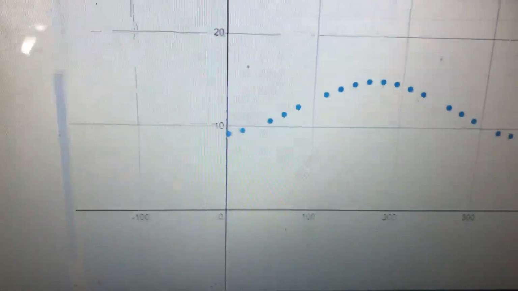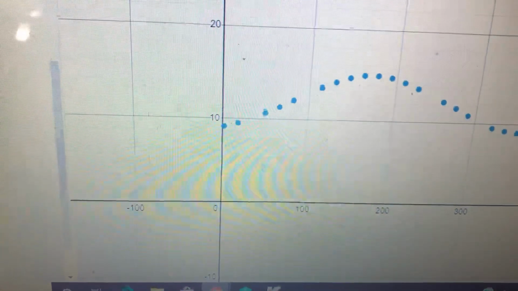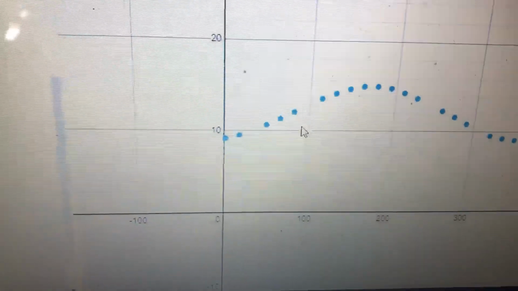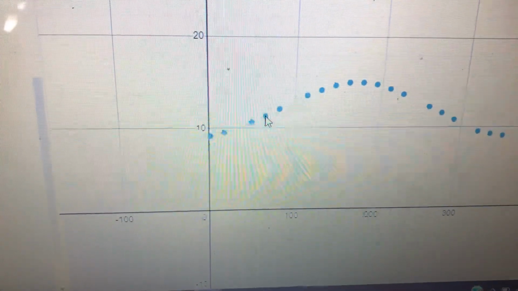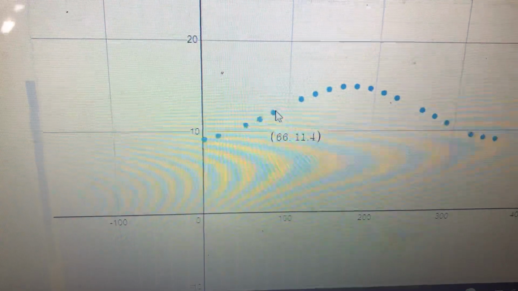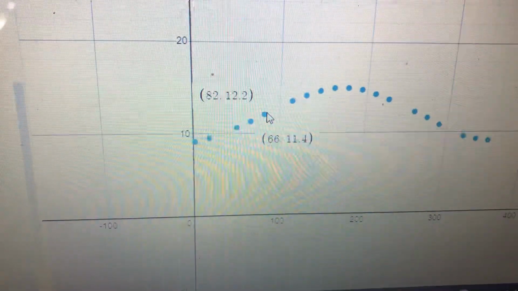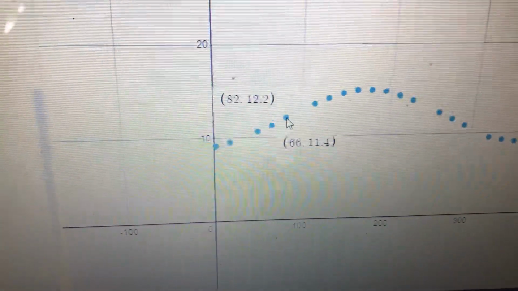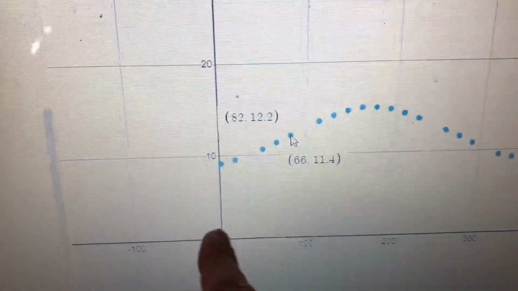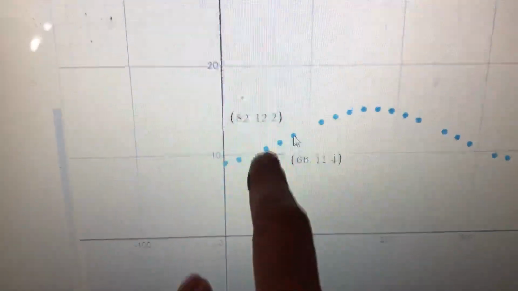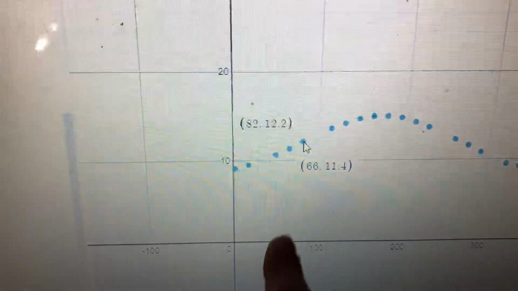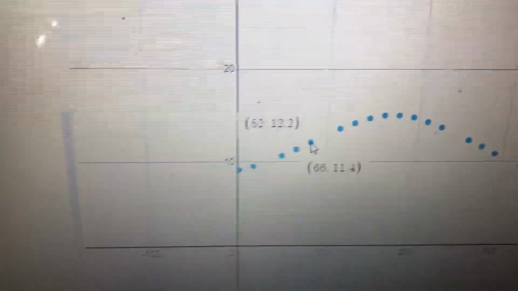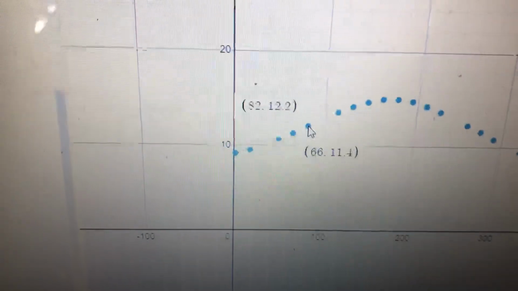So all we need to do is go to our graph, find 12.1 on the graph, which is about here, I think, almost. Oh, there's 12.2. So if this is 12.2, we want to know how far over. Oh, it's 82. So we wanted 12.1, so let's say about 80.